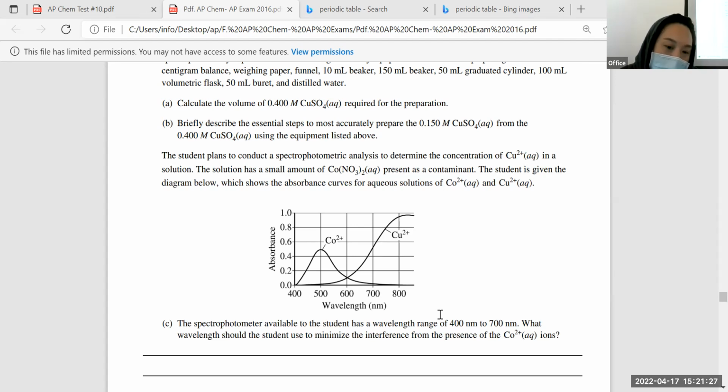The spectrophotometer available to the student has a wavelength range of 400 nanometers to 700 nanometers. What wavelength should the student use to minimize the interference from the presence of the Co2+ ions? If you look at the absorbance spectrum, we know that our sample is contaminated, but in order to minimize its effect on our results, what should I do?